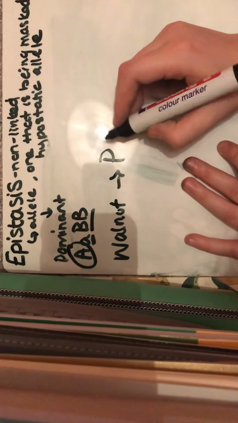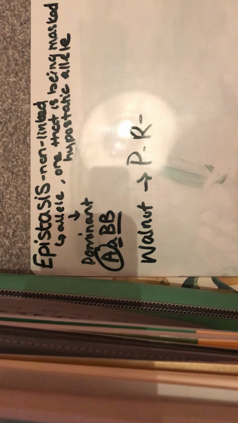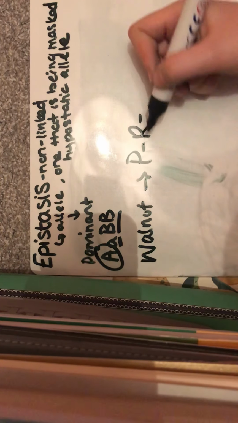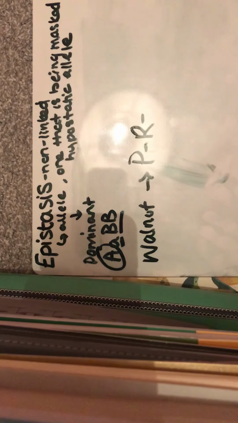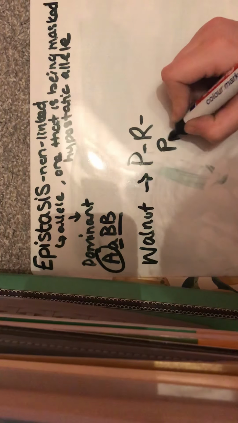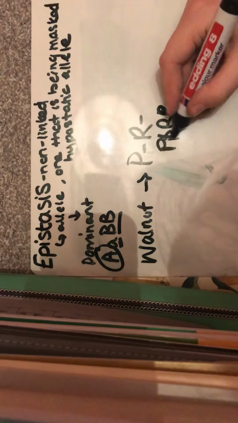Capital P dash, capital R dash. What that means is that it wouldn't matter what came after that capital P or after the R, whatever it was, it would still produce a walnut comb. So it could be capital P, lowercase p, capital R, lowercase r, or it could be capital and a capital. It doesn't matter which way around it is.